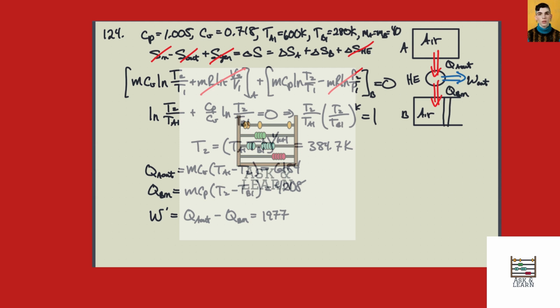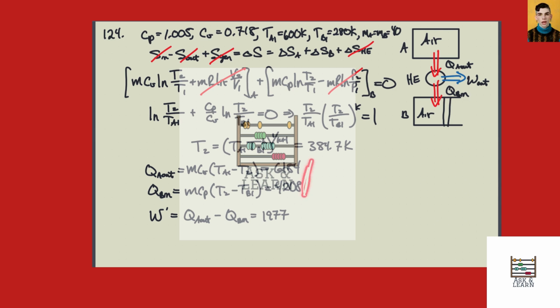This temperature went up and this temperature went down, as you'd expect. Now we want to look at the heat transfer out of here and the heat transfer into here, and that will tell us the idealized work out. Assuming constant heat capacities, and knowing the change in temperature, the heat transfer out was about 6,184 kilojoules and into here was 4,208 kilojoules.